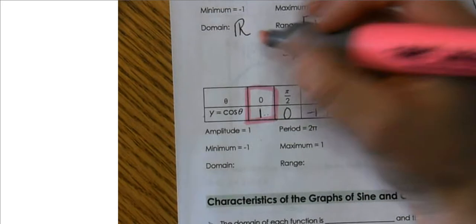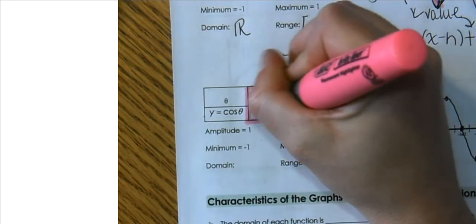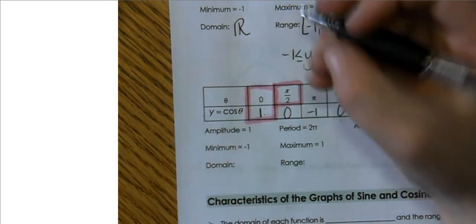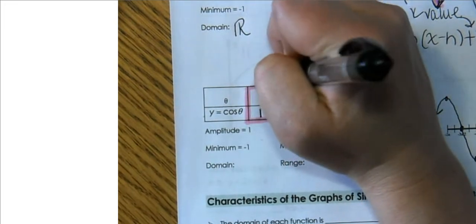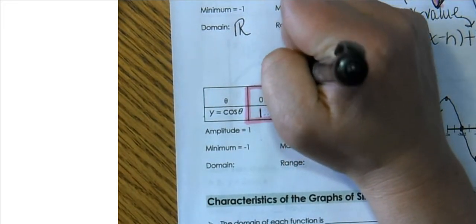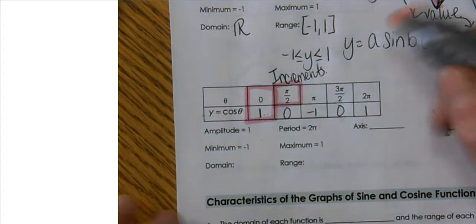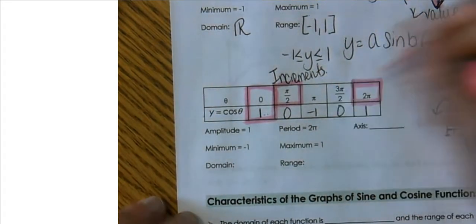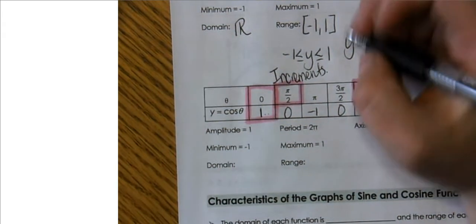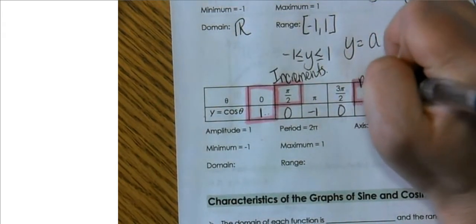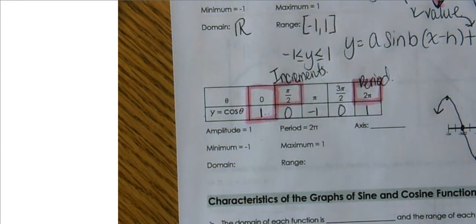Still true is that the first regular x value will always be your increments of what you are going by and how you're going to create your scale on the x-axis. And your last x value of your table will always represent your period. So that is consistent between sine and cosine functions.